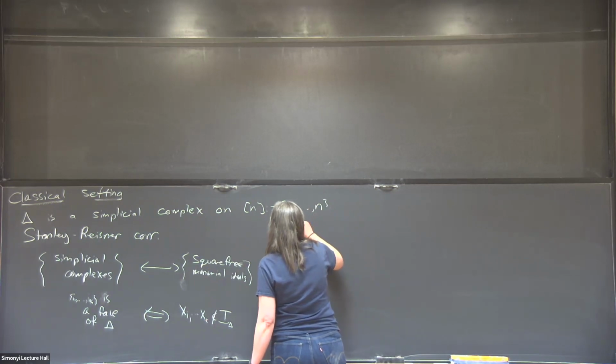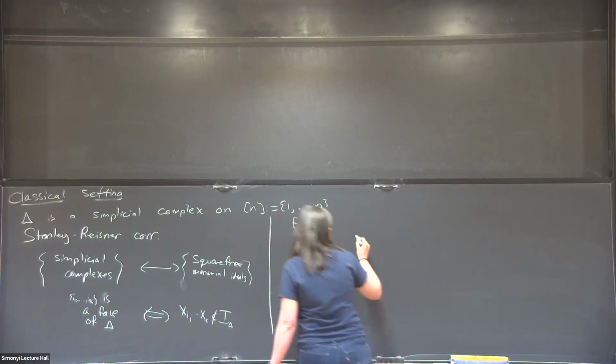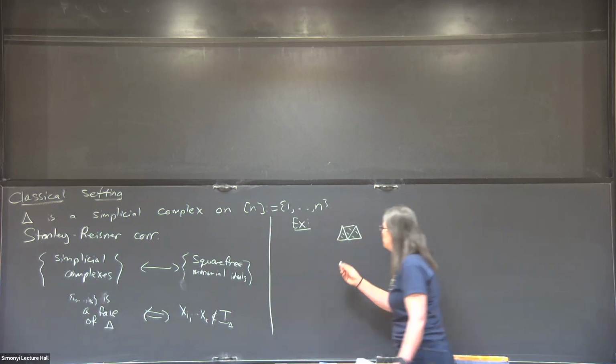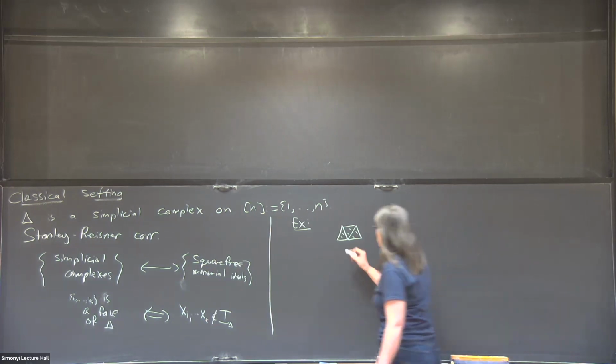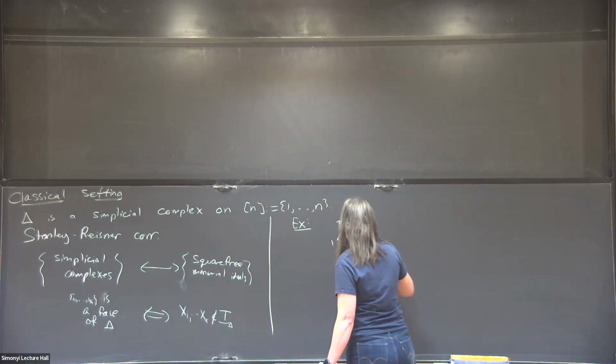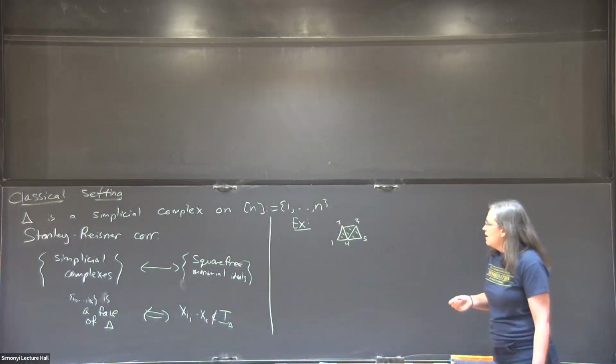So here is an example of a simplicial complex on 1, 2, 3, 4, 5.